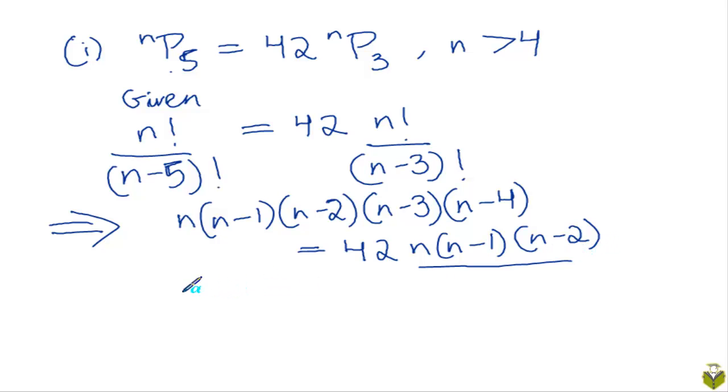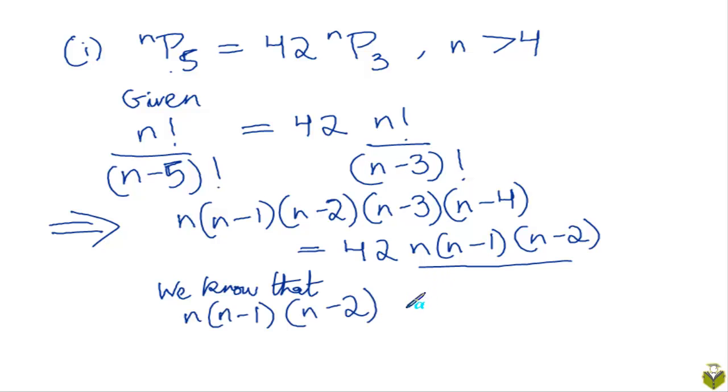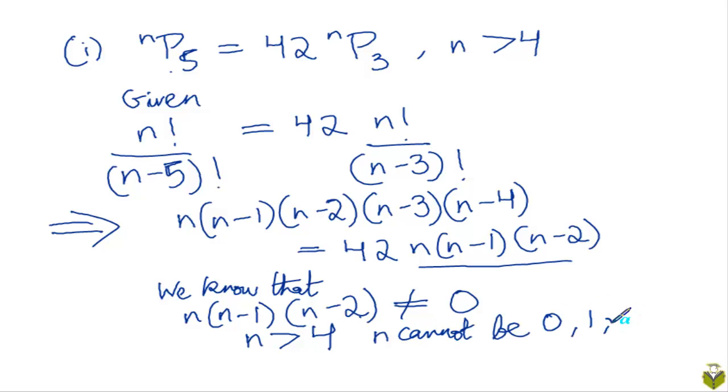Because we know that it is not equal to 0, and we are not allowed to divide by 0. Why is that? Because n is greater than 4, and this can be 0 only if n is equal to 0, 1 or 2. But we know that n is greater than 4, so n cannot be 0, 1 or 2. Therefore we can divide.